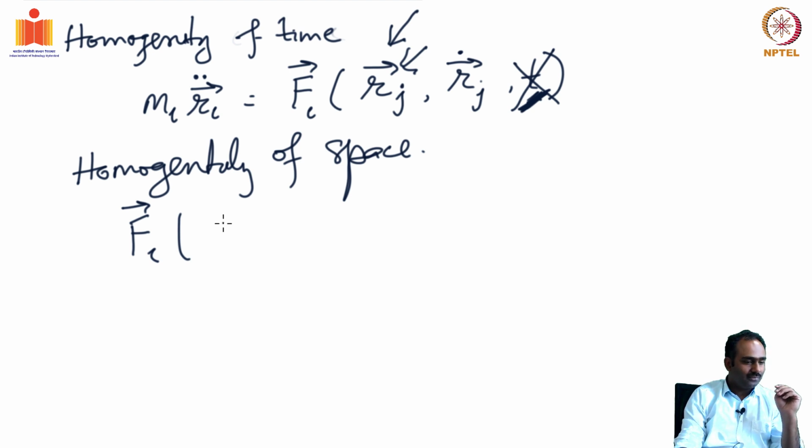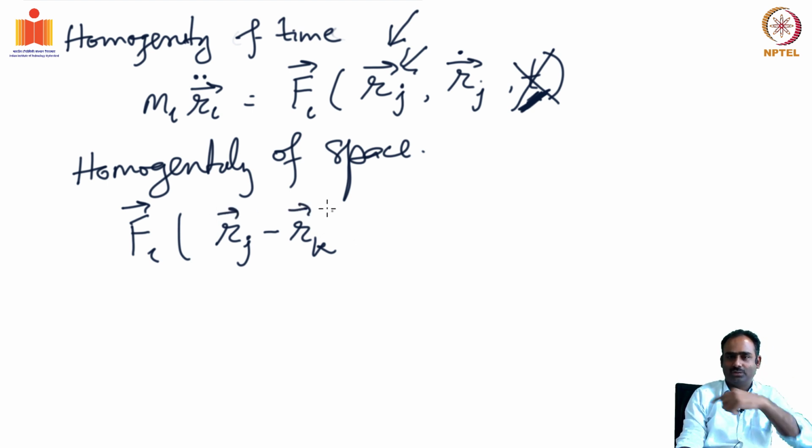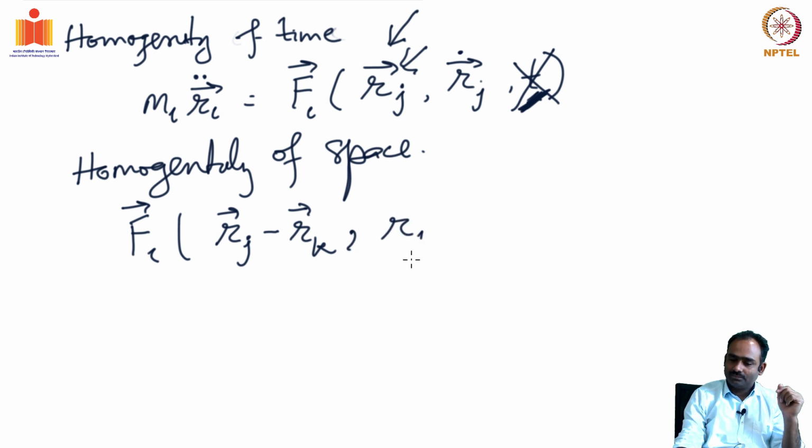So I will write r_j minus r_k, where j and k run over all the particles. t anyway was already gone.